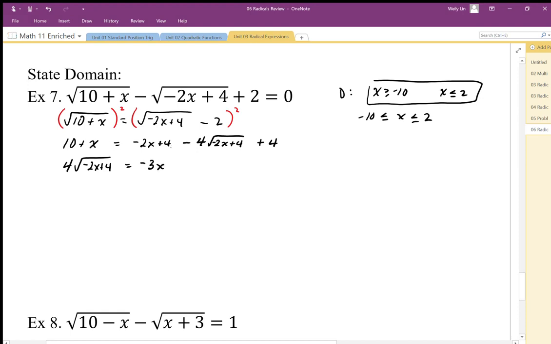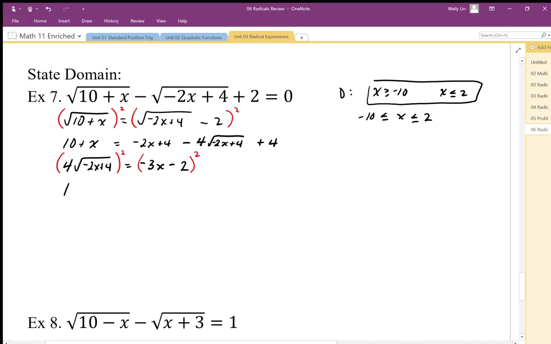Subtract 10, so I get 4 minus 10, which is -2. So we have this second square root that we want to get rid of. So we're going to square out that and square out this.